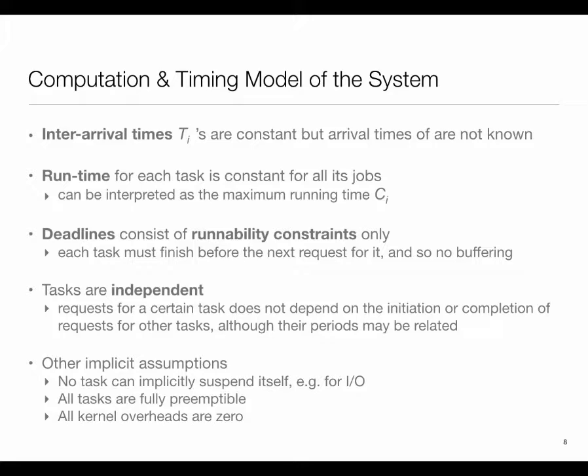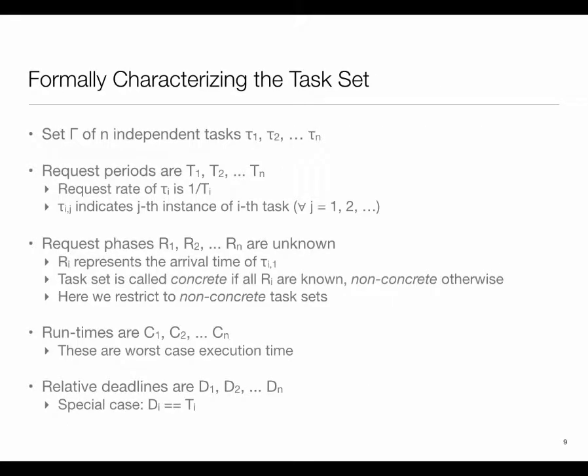So if I switch from one task to another, it doesn't cost me anything. And we'll also assume a task cannot suspend itself. That relates to tasks being independent; they don't need anything else. Once a job arrives, it is ready to run, and if I give it the CPU, it will run. There is nothing else that it needs.